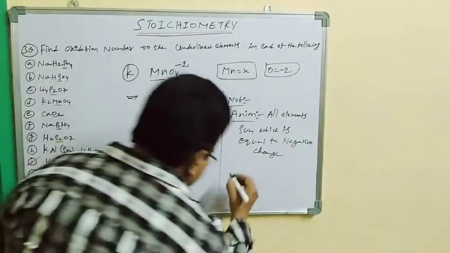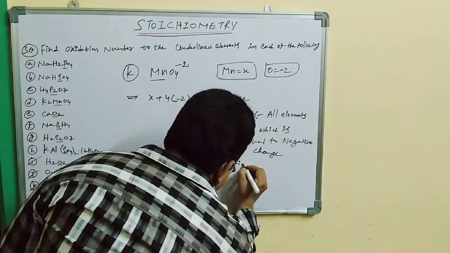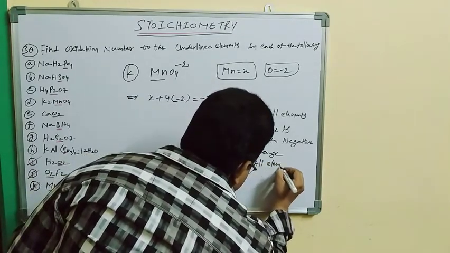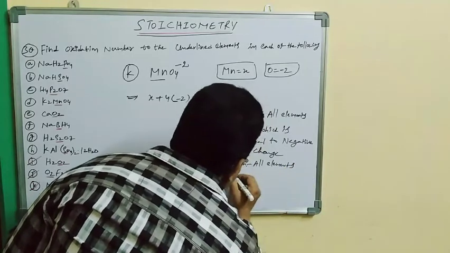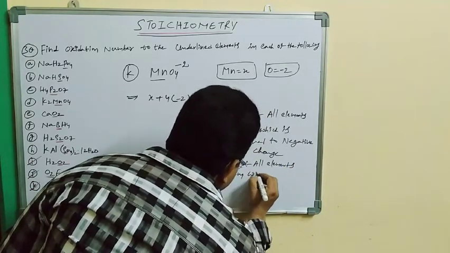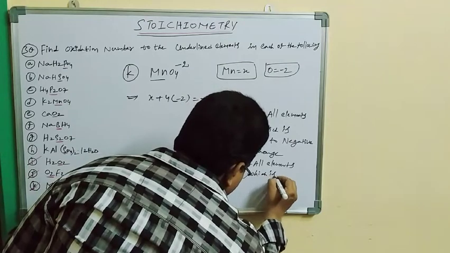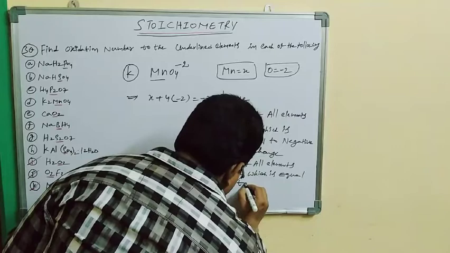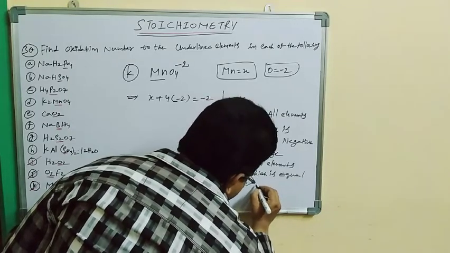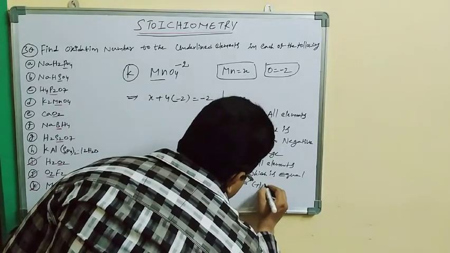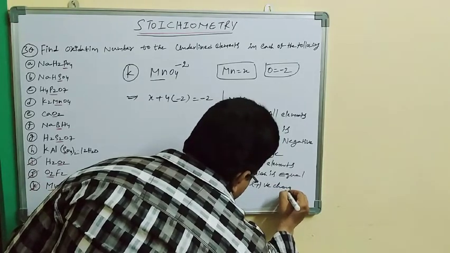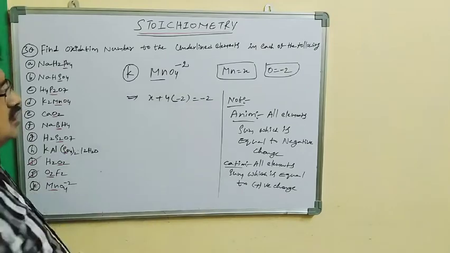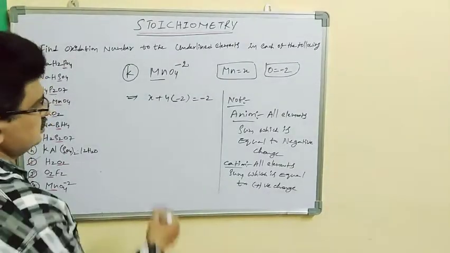For cation case, so this one also I am writing here. For cations, all elements sum is equal to positive charge. You can write like this also. This is anionic case: all elements sum is equal to negative charge.